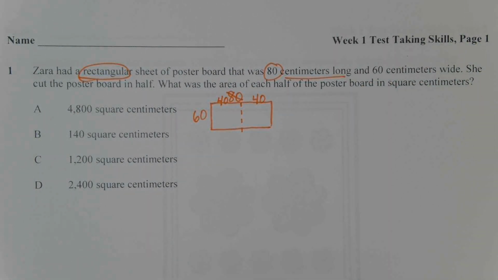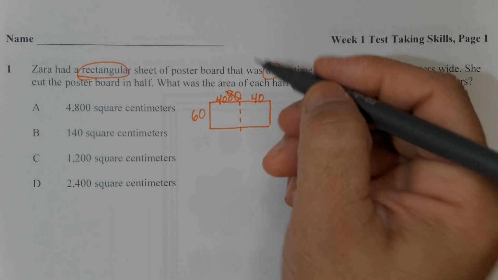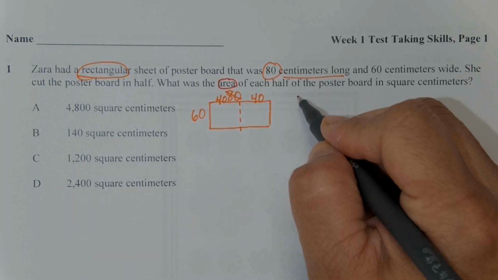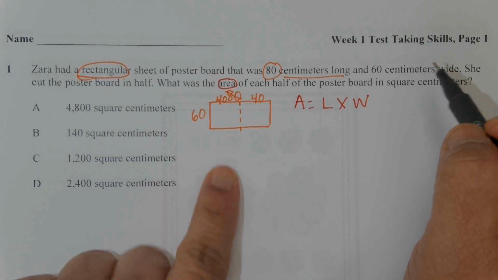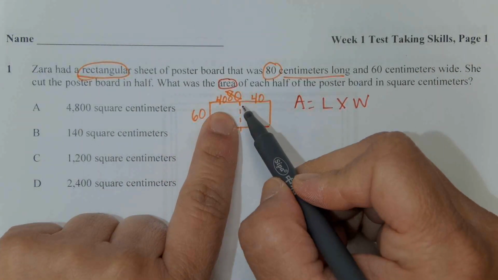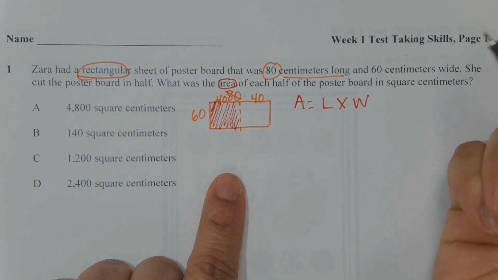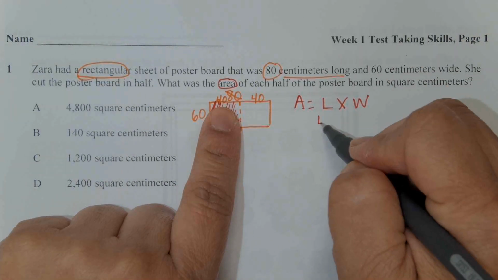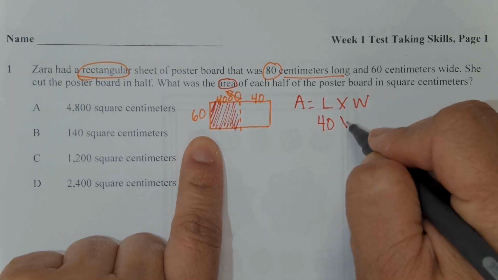So it says find the area of each half. I know that area equals length times width. And the length, remember we cut the length in half because I'm only going to find the area of half of my poster board. So half of 80 was 40, so my length is 40 and my width is still 60. That's not going to change.